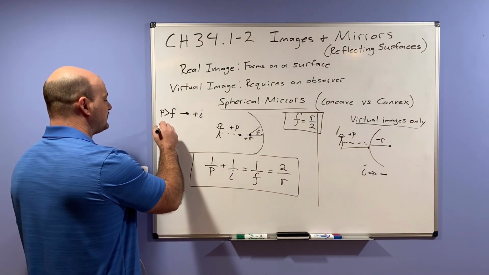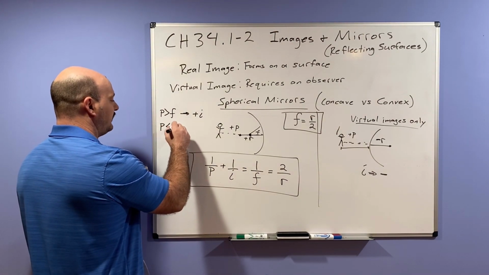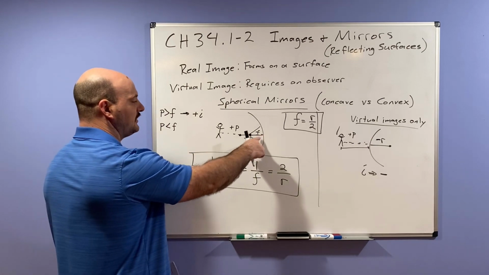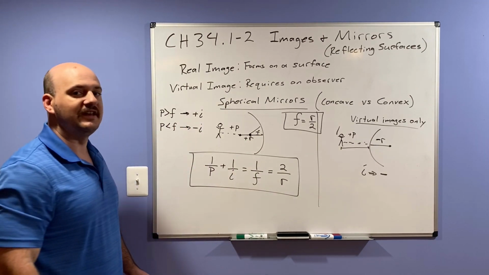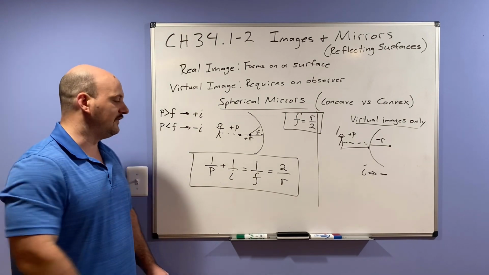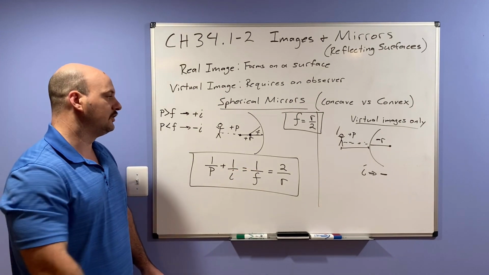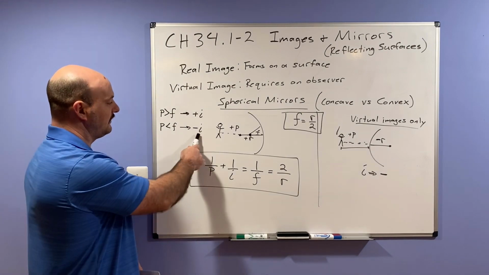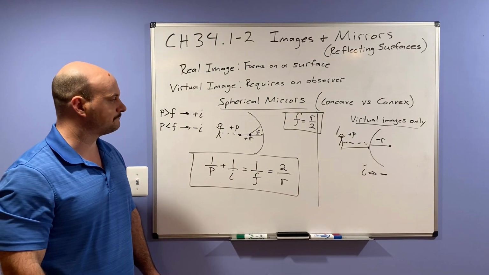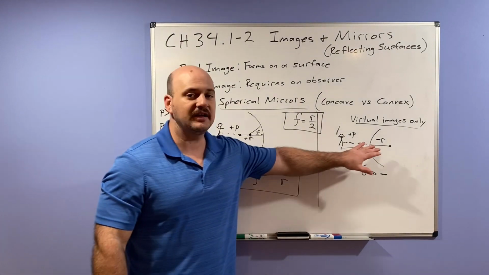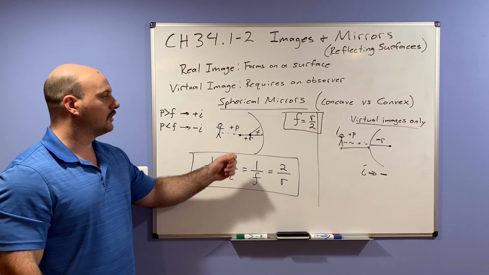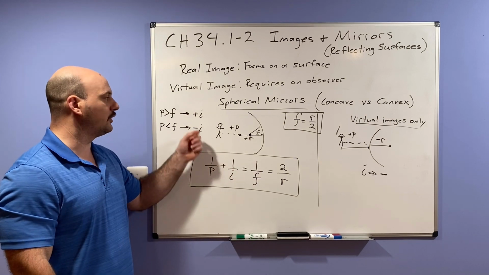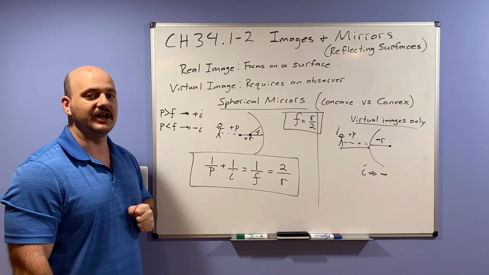If the object distance is less than the focal length, meaning the object is inside the focal point, then the image will be virtual. It will have a negative image distance. And this comes out in the math as well. You can go ahead and try it on your own and find that it is true. So, convex mirrors can form virtual images only. Concave mirrors can form real or virtual images depending on where the object is.